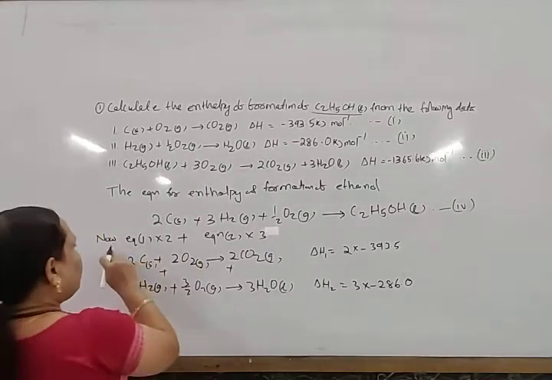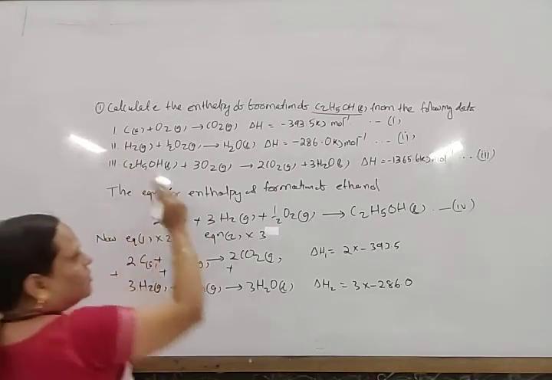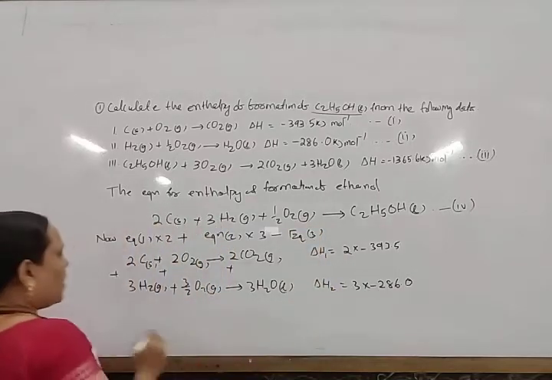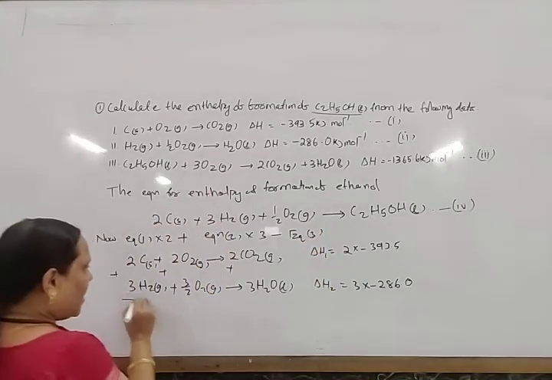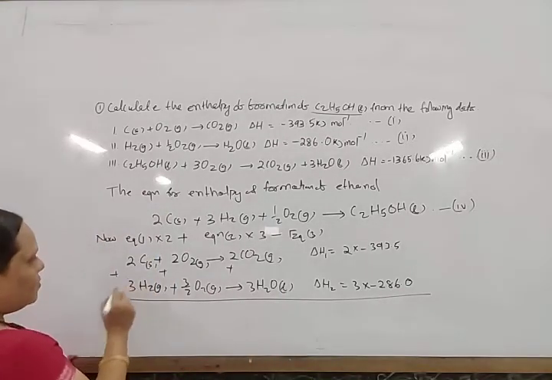And now equation 1 into 2, equation 2 into 3, and subtract from it equation 3. So minus equation 3. First add these two. How much do we get?